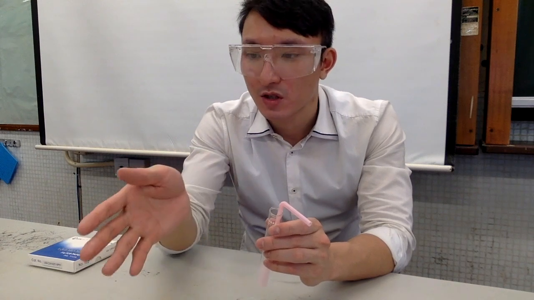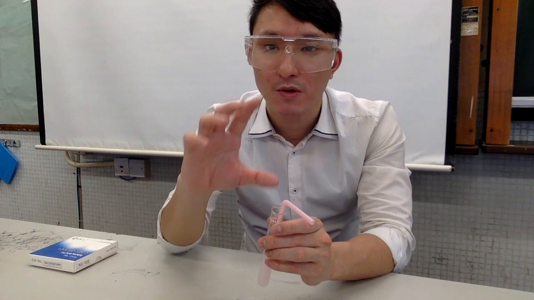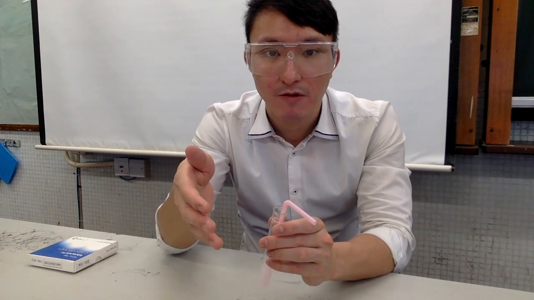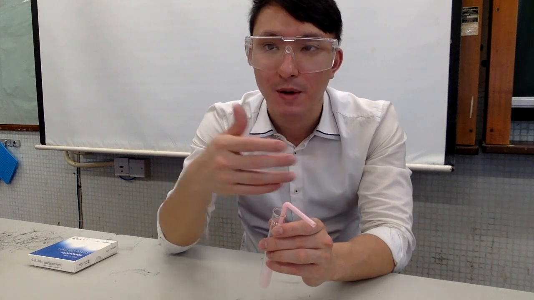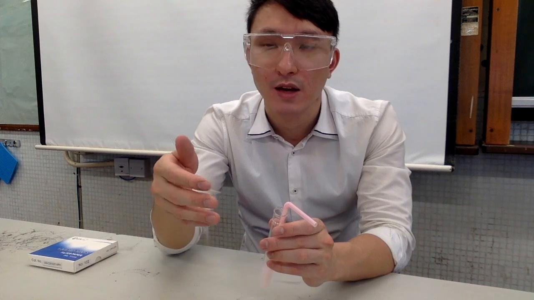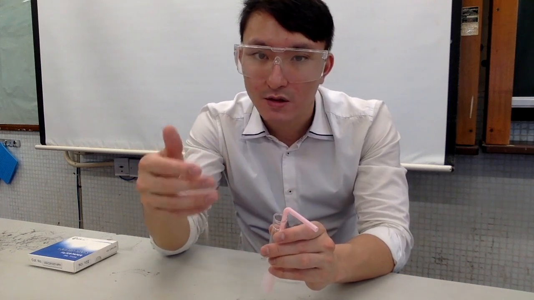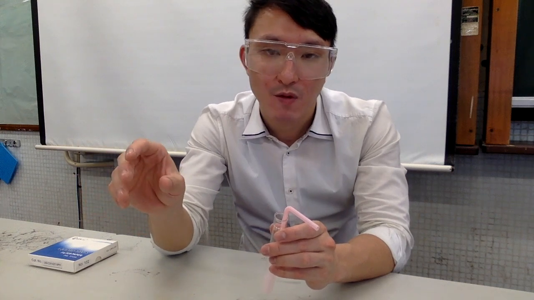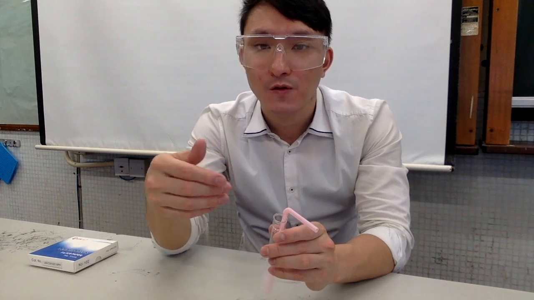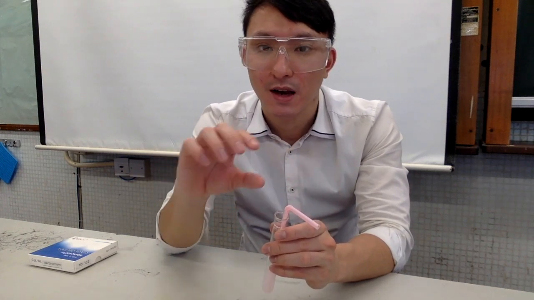That's why just now when we added a lot of water, the solution was still very milky, not only because some calcium carbonate remained unreacted, but also perhaps because we have too much calcium hydroxide, so it is not able to fully dissolve into the solution. So in order to get rid of that cloudiness, we perform a filtration, and by doing filtration, we collect a clear filtrate, and that one we suspect is lime water.